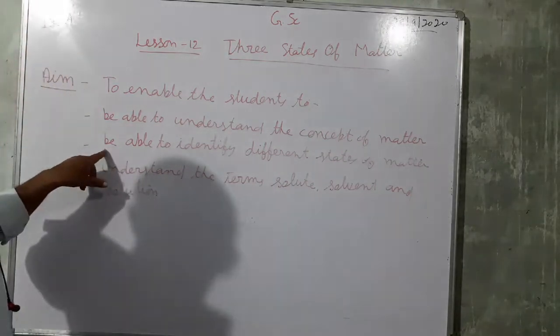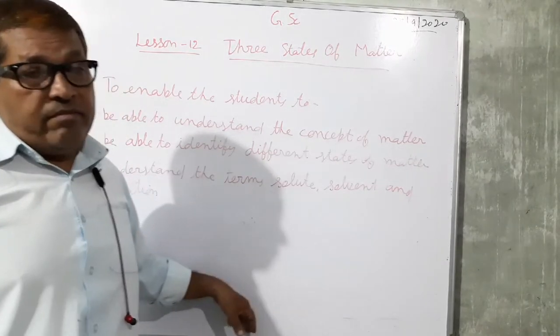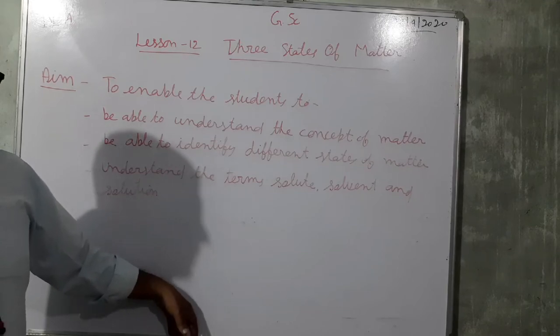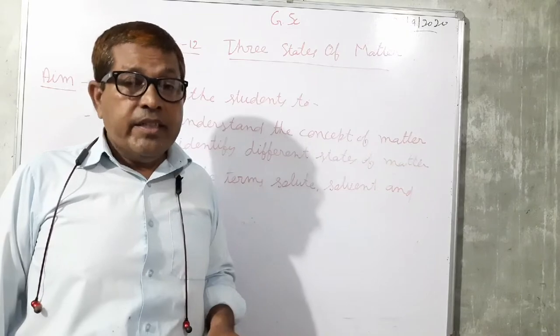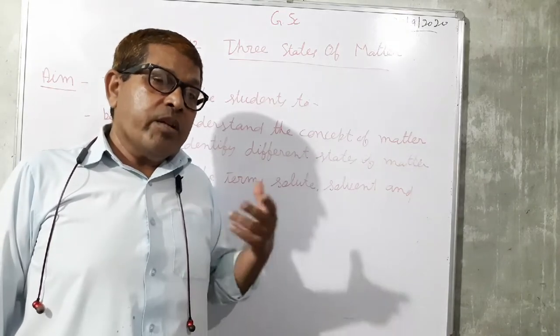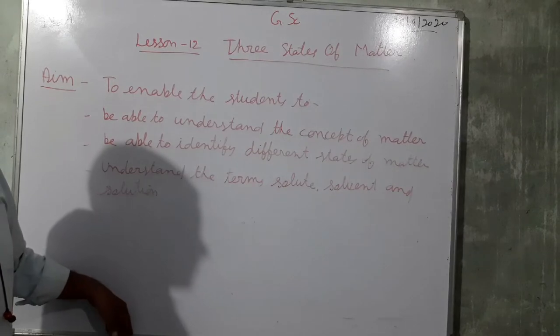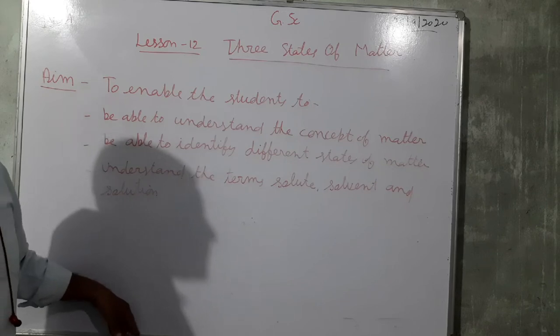Next, able to identify different states of matter. First, we tell about the matter, then different states of the matter, then you have to understand the materials or the matters and their states.